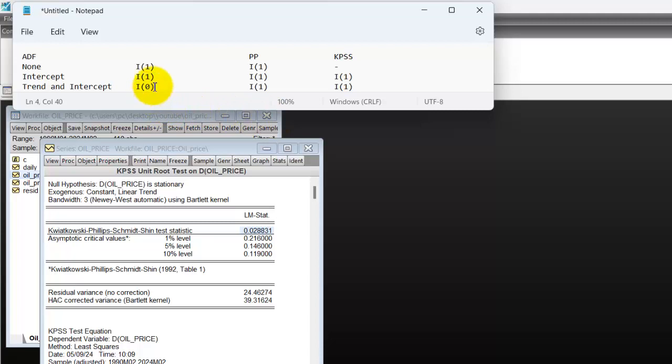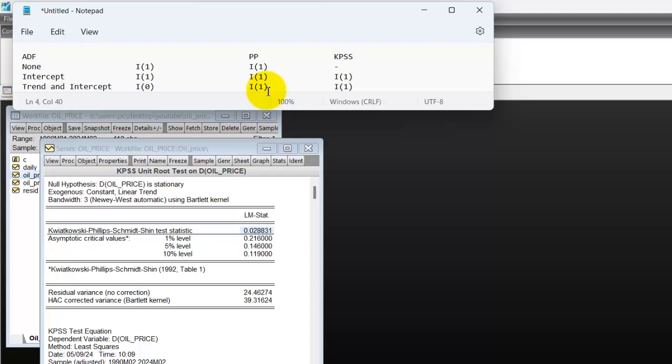But take note, if ADF with no intercept, PP with no intercept, and so on and so forth, shows that the result is stationary at level, there's no need of checking for first difference.